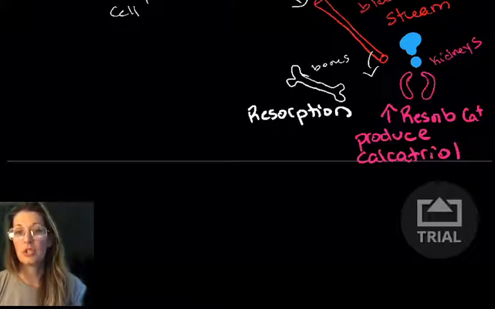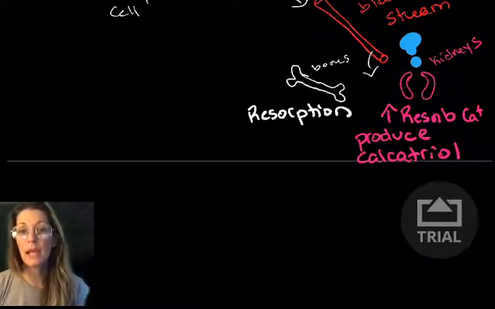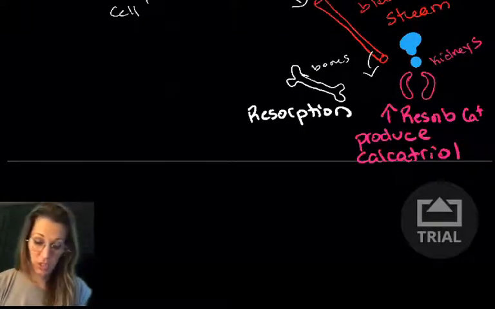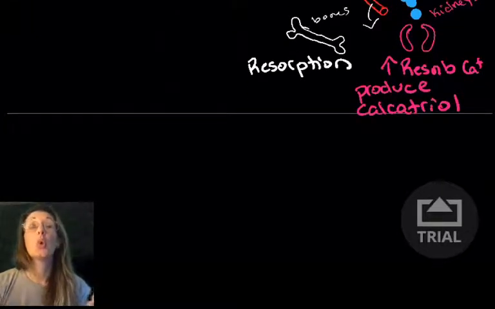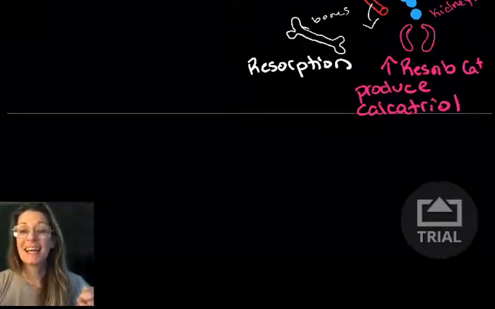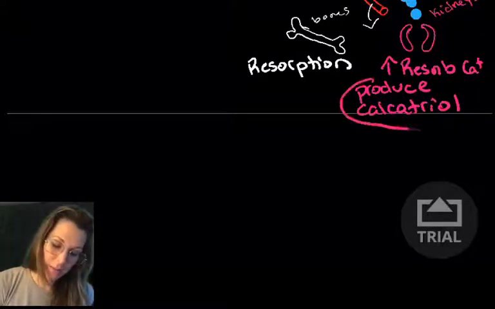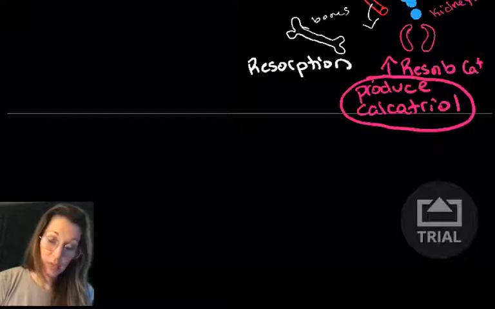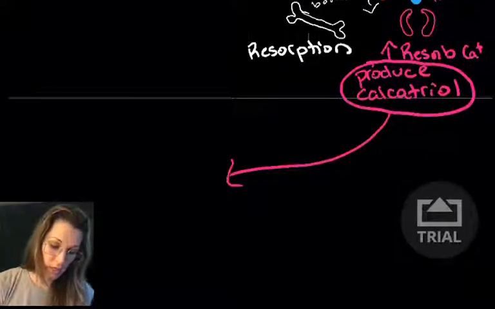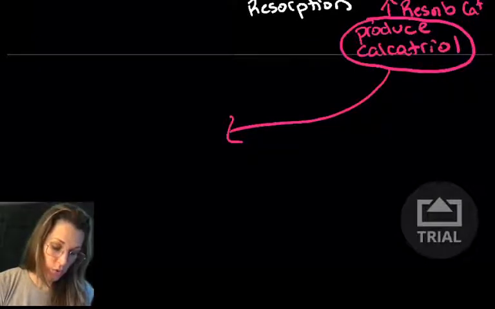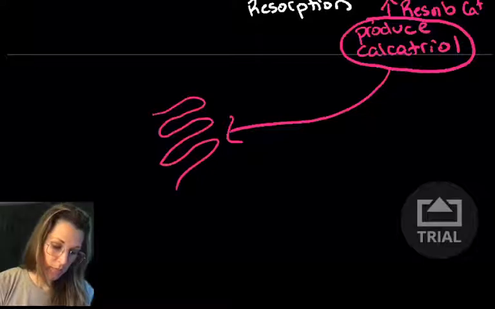They produce calcitriol, and what this does is this leads to increased intestinal absorption of calcium. So calcitriol then gets released into the bloodstream. Boom, it goes over here to your intestines. Okay.